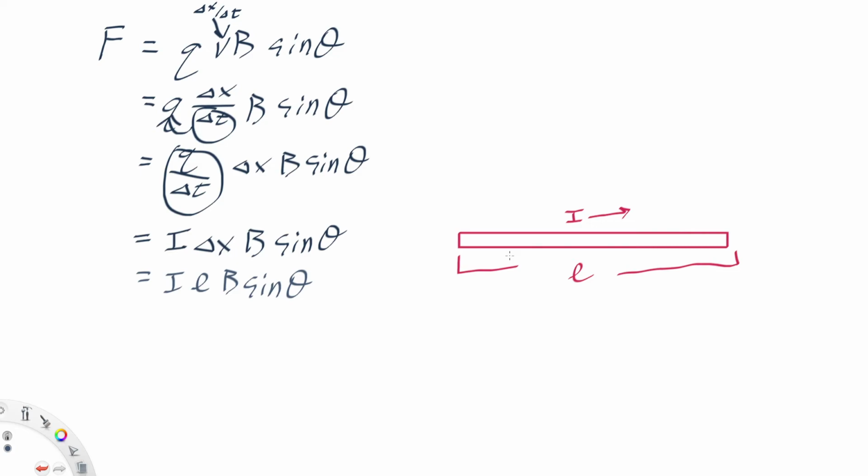So if you have a strong enough magnetic field, you can cause a piece of wire to, so again, say if we have our B field going into the page and our current going to the right, that's going to produce a force upward. So if we're not careful, if we have a strong enough B field, we could cause this wire to tear or get damaged in some way.